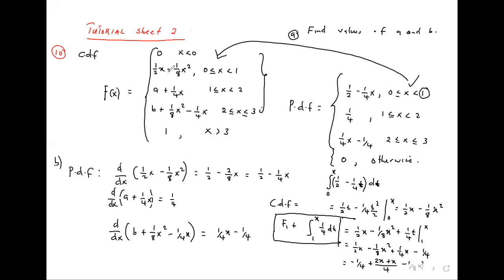So what was our F1? Found it. 1/2x minus 1/8x squared. Remember here, x is 1.